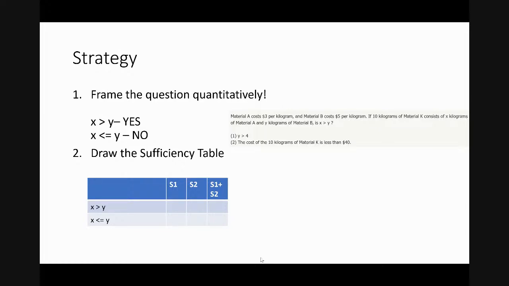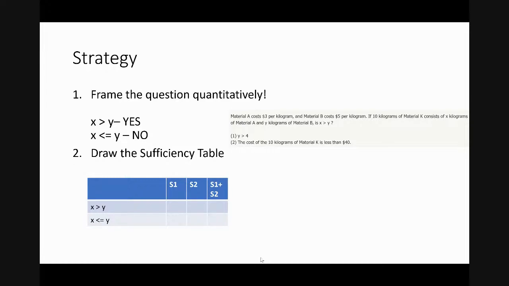So if I mix these two, the price of the resultant mixture will have to lie between 3 and 5. Do you agree with that statement? Let me know in the comments. So if I mix two materials of $3 and $5 prices per kilogram, the resultant price of the mixture will definitely be between 3 and 5.